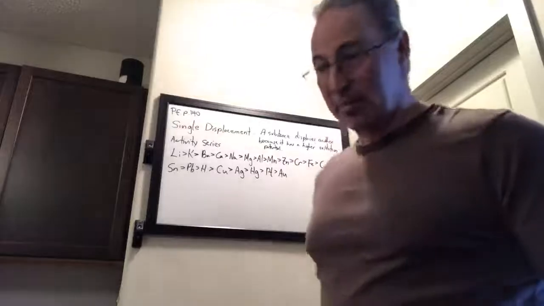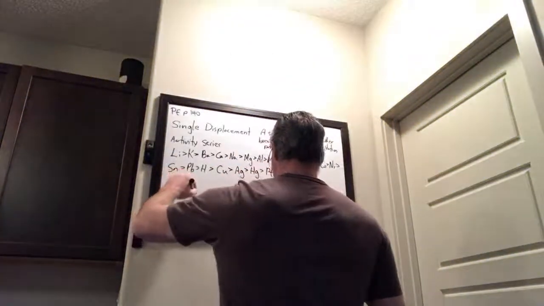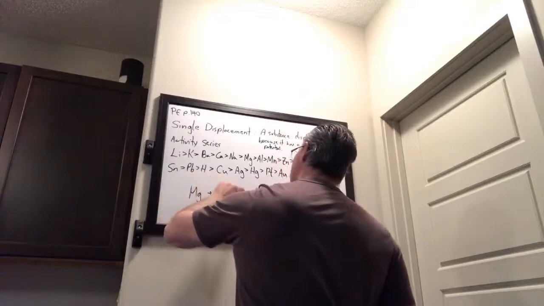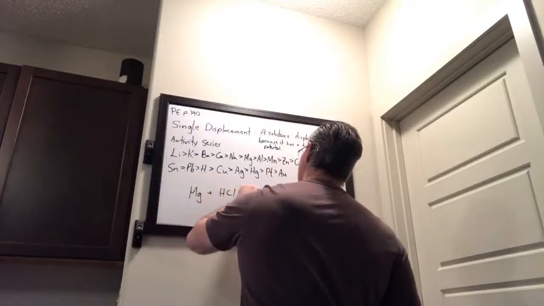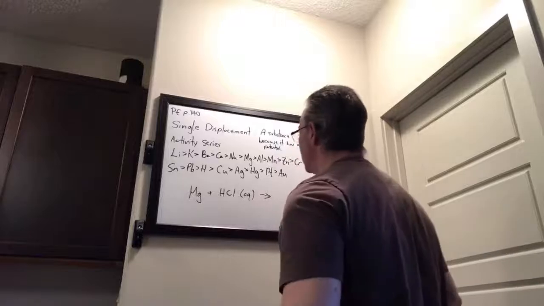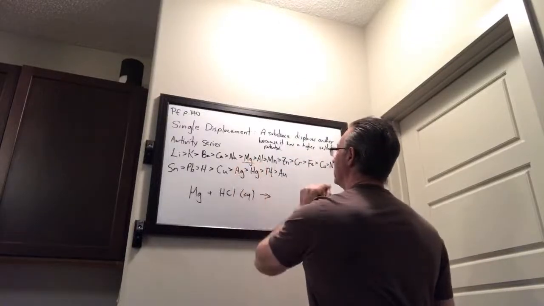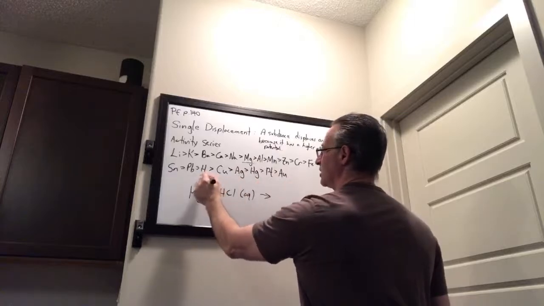So let's just do an example to show you what it looks like. If you used magnesium and you mixed it with HCl, look at magnesium and look at where hydrogen is, because hydrogen is there.